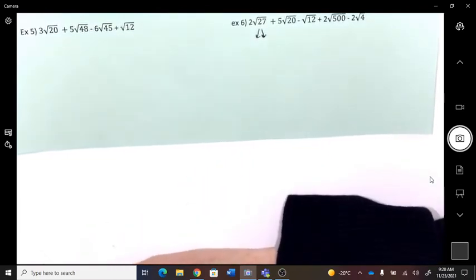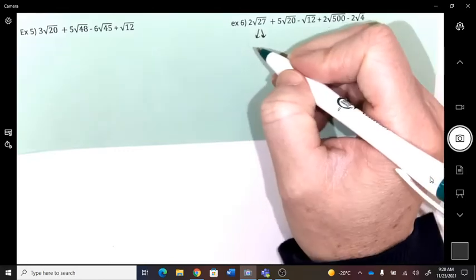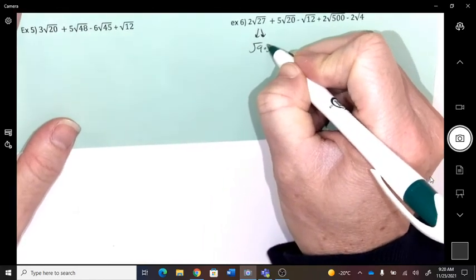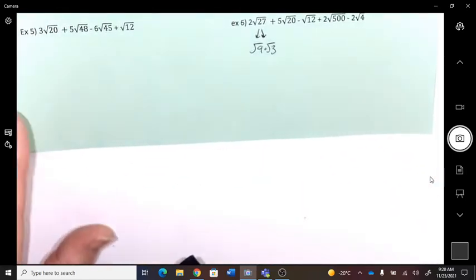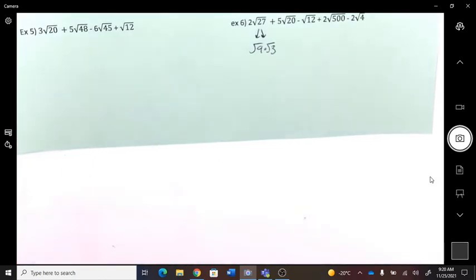27 is divisible by what magic number? 9. 9 times 3 is 27. So the root 9 times the root 3 is root 27.